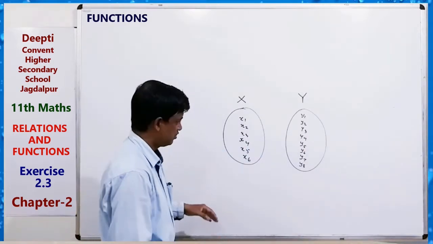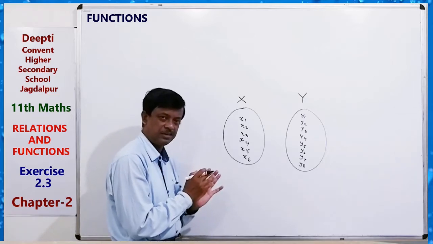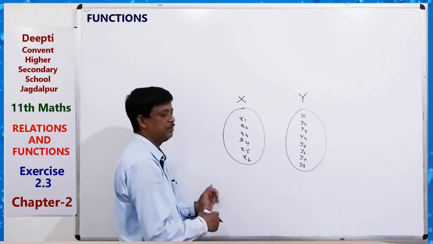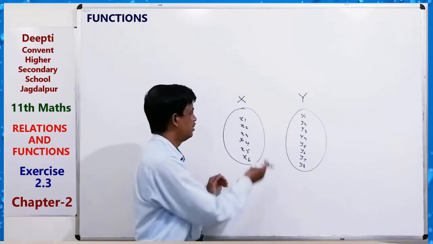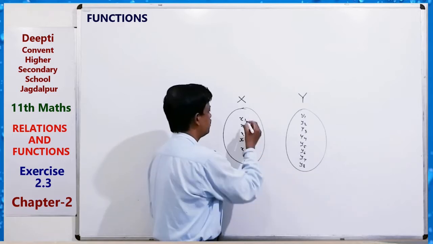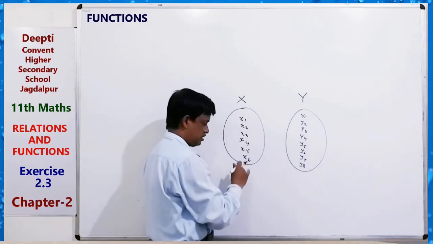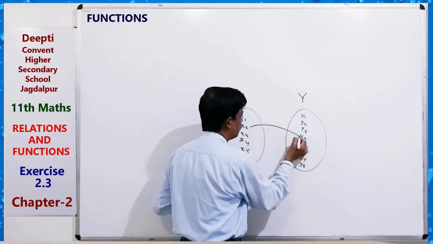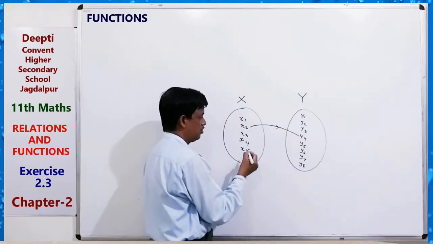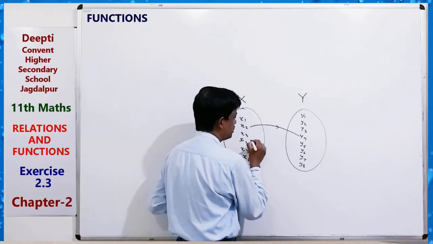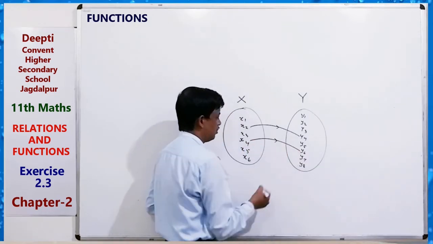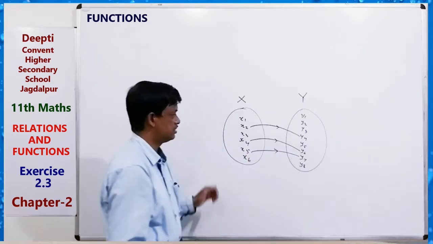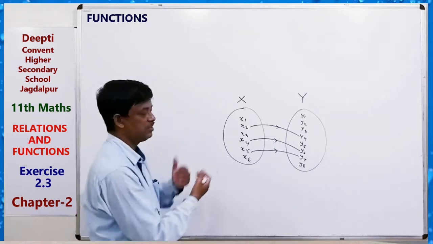That relation will contain ordered pairs, and it depends on the nature of the relation. Suppose x2 is related to y4, x4 is related to y6, x5 is related to y7. Maybe this may be a relation.